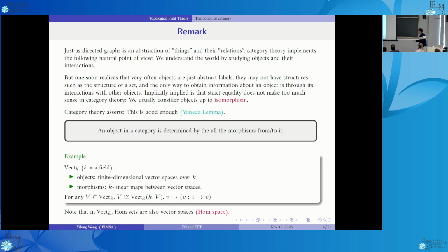Then for each vector space, every element can be recovered as a linear map from the base field to the vector space.